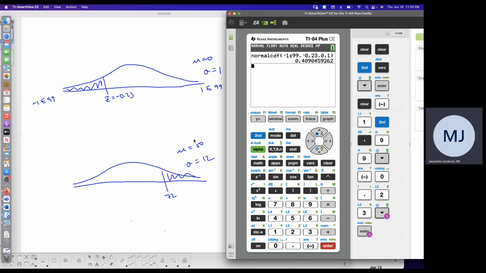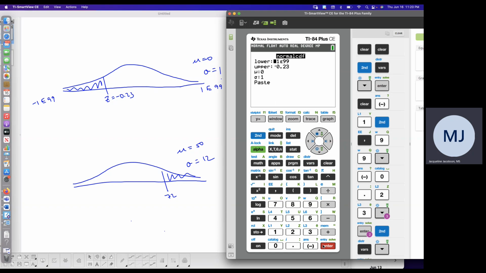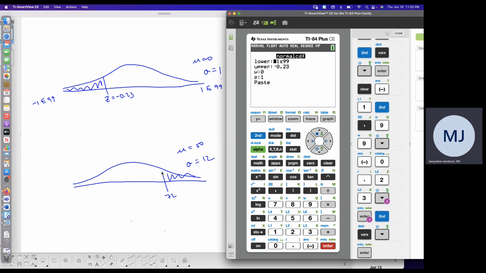So let's do this situation. Let's say that I want the area to the right of this value, 72, for whatever distribution this represents. Again, I want the area, so I'm using normal CDF, which I find over here in distribution on second vars. Then my lower bound, because I'm going on the right, is 72.